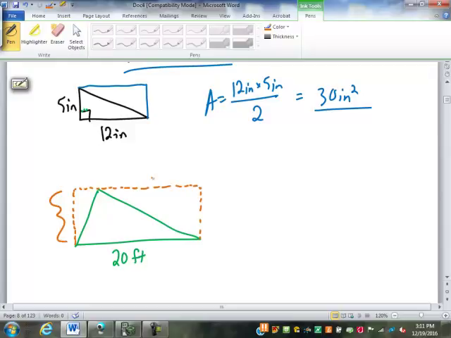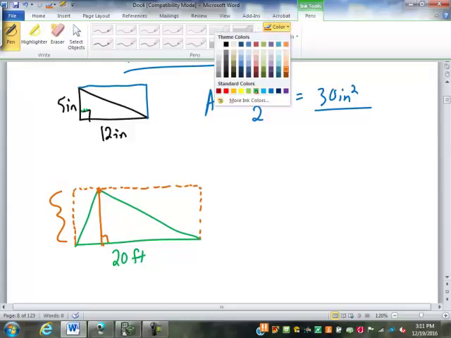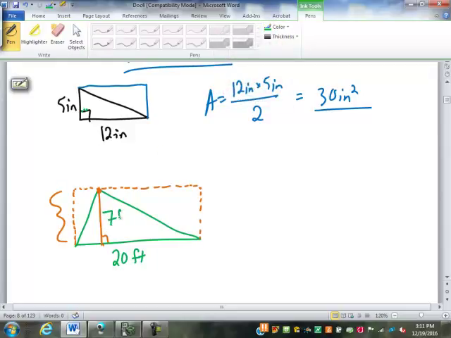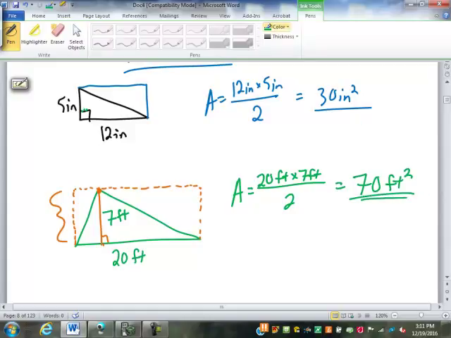Well, the place on this triangle that would give us the width is from this point furthest away from the 20 down to the 20, and of course measured at a right angle. So let's say that I tell you that dimension is 7 feet. The area of this triangle here, again, notice the 7 and the 20 form a right angle, they're perpendicular. So the area of that rectangle would be 20 feet by 7 feet. And again, the triangle is half of that rectangle, so divided by 2. So 20 times 7 is 140, divided by 2 is 70 feet squared, or 70 square feet.